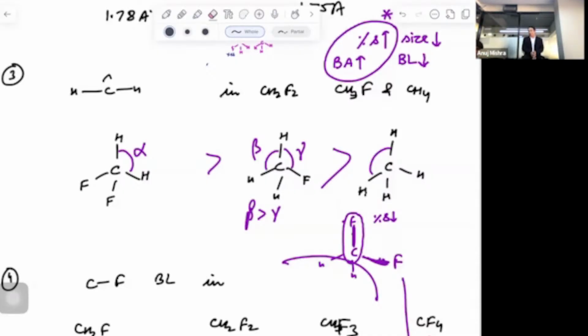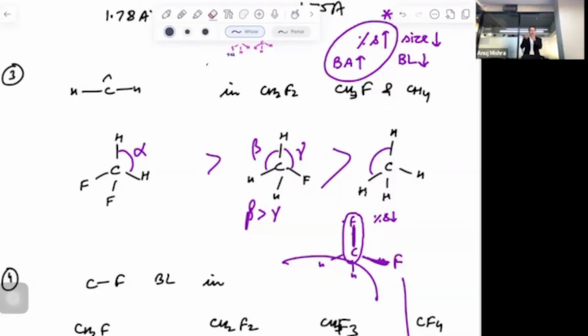CF4 is a symmetrical scenario, so whatever the CF bond length is, that will be there. Now let's put one hydrogen on this side, keeping 3 fluorines. Now the fluorine side percentage will reduce and the bond length will become short as soon as H comes into play. Then I remove one more fluorine, one more H comes, and the bond length becomes even shorter. If I remove one more, it becomes shortest.